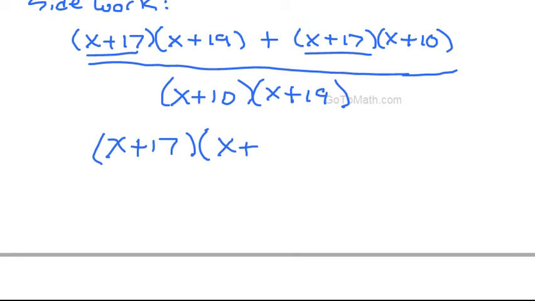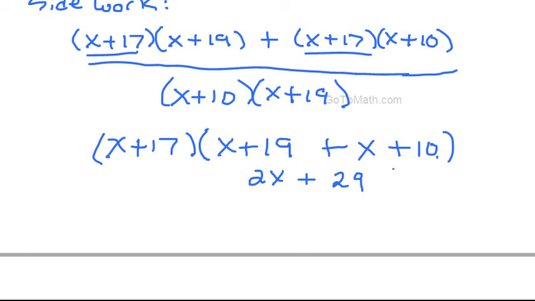So we're going to be left with x plus 19 plus, and we pulled that out, so we're going to be left with x plus 10. See that? So you should know how to factor. I think we covered that already. Because there's an x plus 17 and an x plus 17, we just pulled it completely out. And this is what we're left with. And 19 plus 10 is 29, right? It's 29. So we end up with 2x plus 29. That's strange.